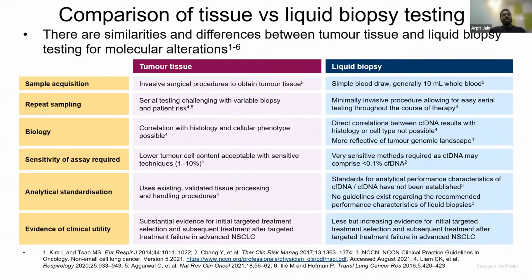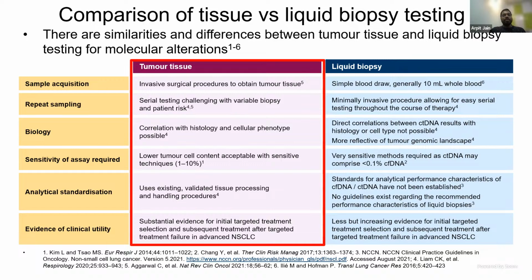So we can very much compare both these methodologies head on. Tumor tissue accessibility is an invasive procedure, while liquid-based biopsy could be a simple blood draw. About 10 to 30 ml of whole blood can be used to identify the genomic alterations.